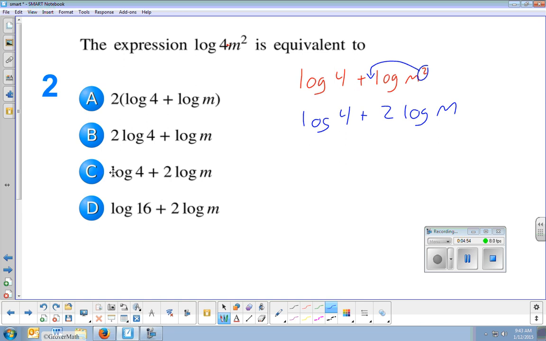And that is right here. A is what some people might think, so our exponents go to the front. But that would be if it were 4m and they were both being squared, then the 2 would go to the front of both of them. But that's not the case. The 2 here is only applied to that m. That's why it's only going in front of the log that has the m.